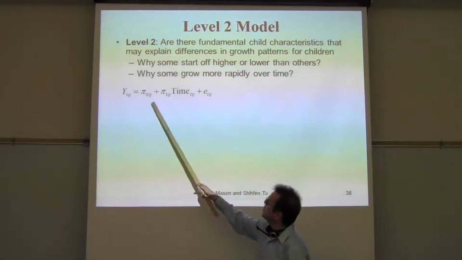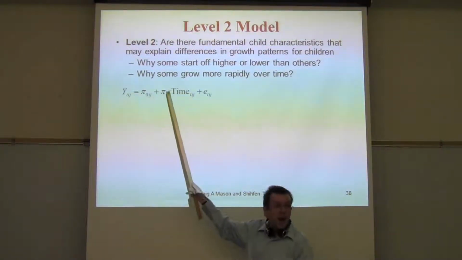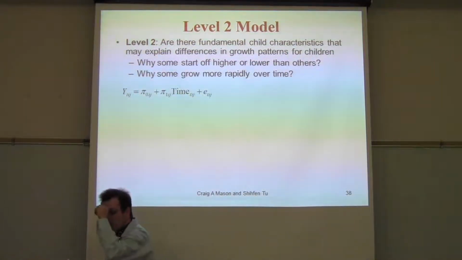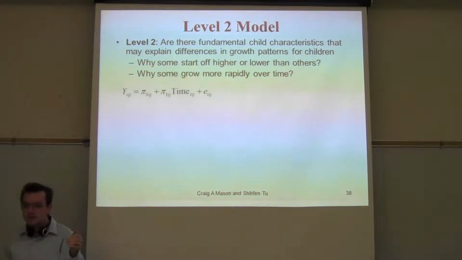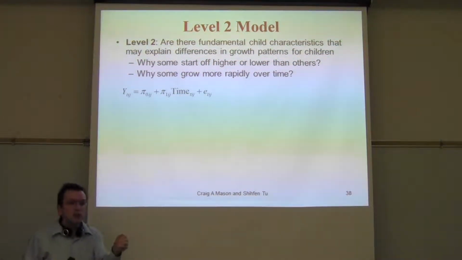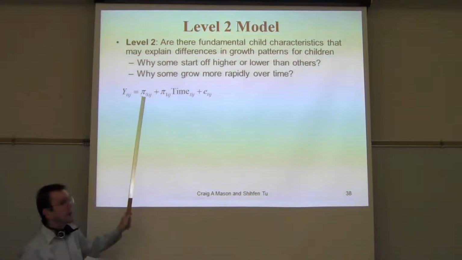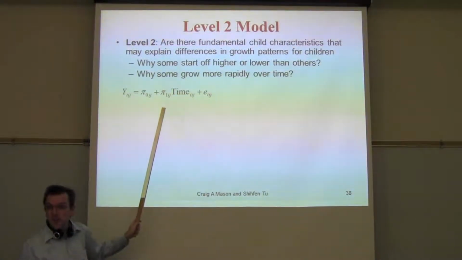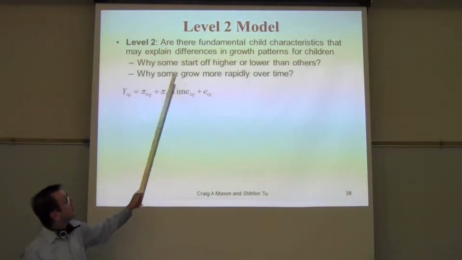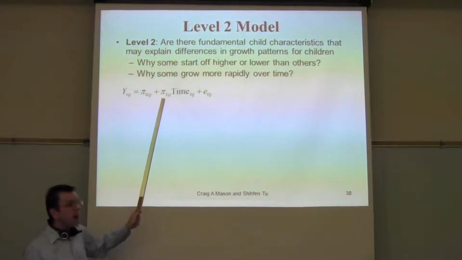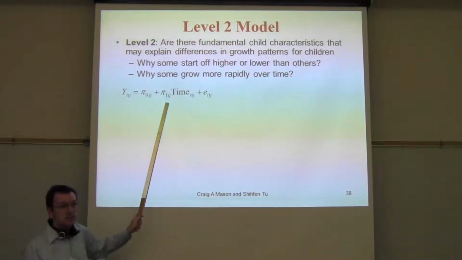So we've got all those individual growth functions, all those pis. And we start to ask, are there characteristics about the students, about the children, that say why some start off higher or lower than others? Why some have higher or lower intercepts? Are there things about the students that explain why some grow more rapidly? Why some pi 1ijs, if we want to be technical, are more positive, are bigger than other students?